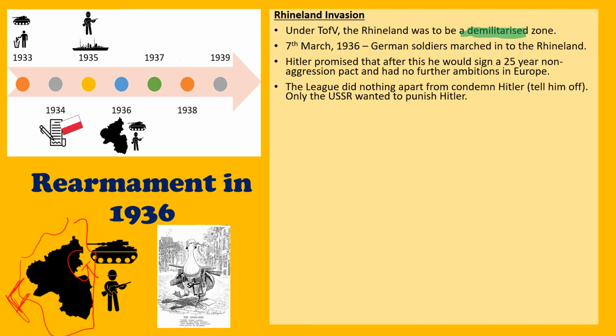The League of Nations does absolutely nothing apart from morally condemn Hitler's actions. And the only nation at this time that really seems to want to punish Hitler for what he's doing is the USSR.